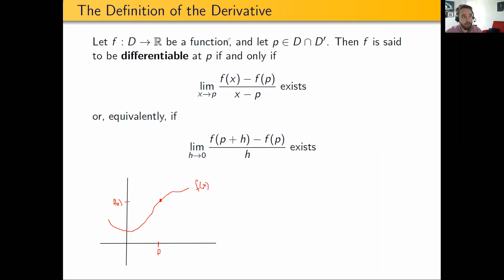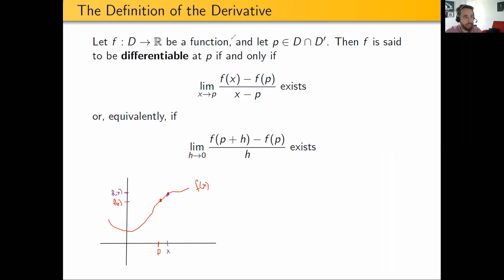Then I can create a limit in the following two ways, right? Either by taking x values that are nearby, and I'll sort of denote that maybe here in purple. So I could take an x value that's nearby. So here's a corresponding point x, and its corresponding height f of x.